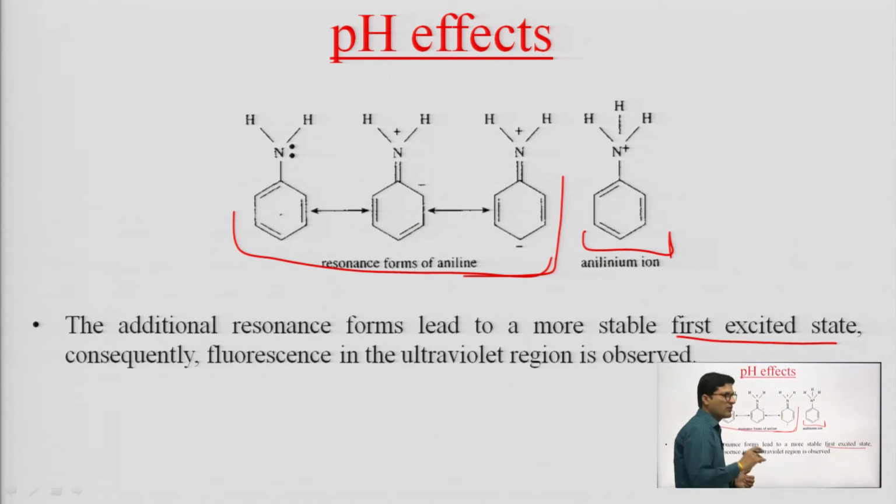So, any molecule that has more resonating structures can have a more stable first excited state, and if the first excited state is more stable, the chances of intersystem crossing generally decrease and the chances of fluorescence generally increase, because from the first excited singlet state it will then come to the ground state.